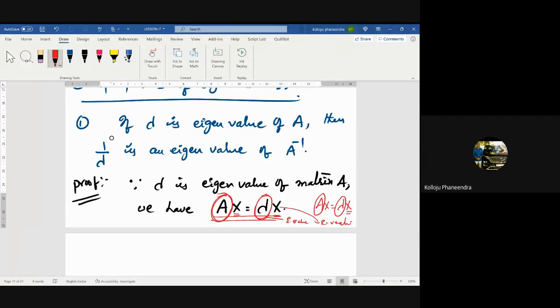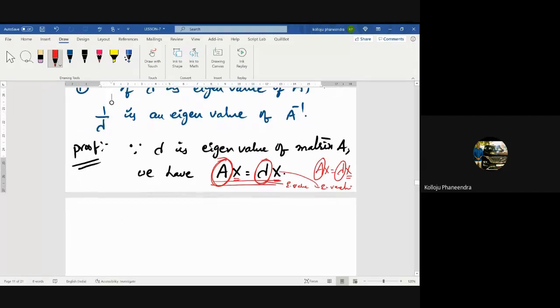When lambda is an eigenvalue of matrix A, then we have Ax equal to lambda x. And what do we have to prove now? 1 by lambda is an eigenvalue of A inverse. Therefore, what structure must we have? Ax equal to lambda x means lambda is an eigenvalue of A. Now I have to prove 1 by lambda is an eigenvalue of A inverse, so I have to get 1 by lambda here and A inverse here.